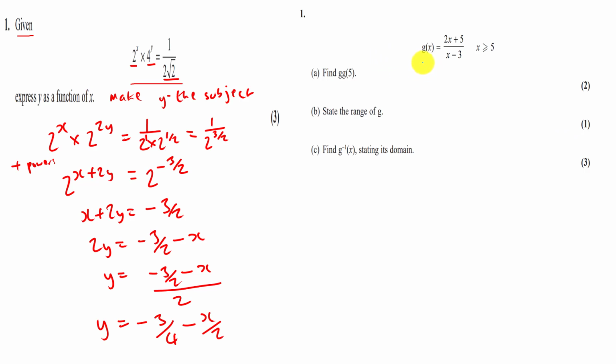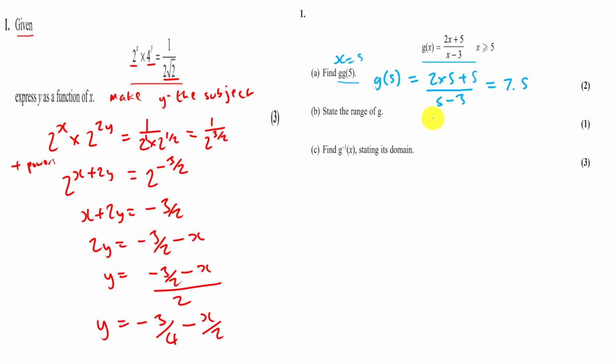Okay, so for this question here, we're finding gg of 5, so all we need to do is let x equal 5. We're going to perform this function twice. So substitute the 5 in, 2 times 5 plus 5 over 5 minus 3. That's going to give us 7.5.